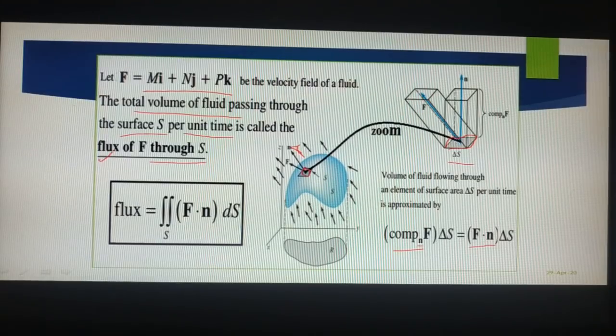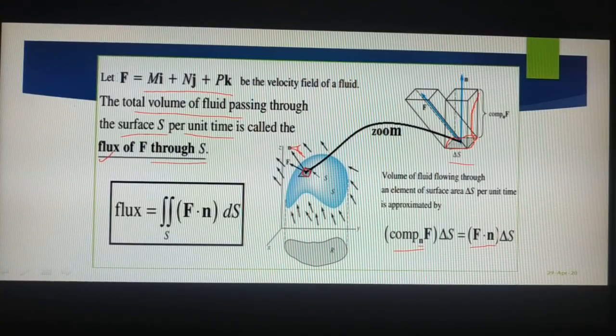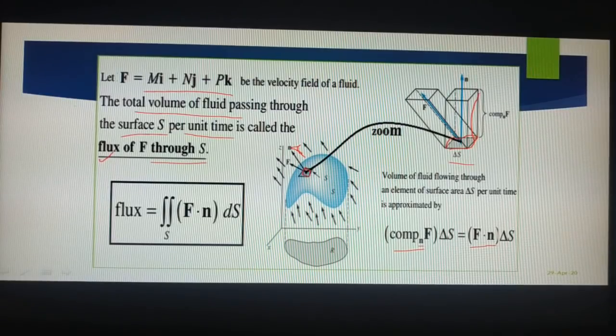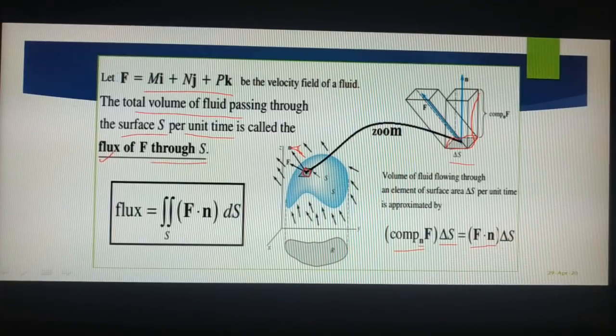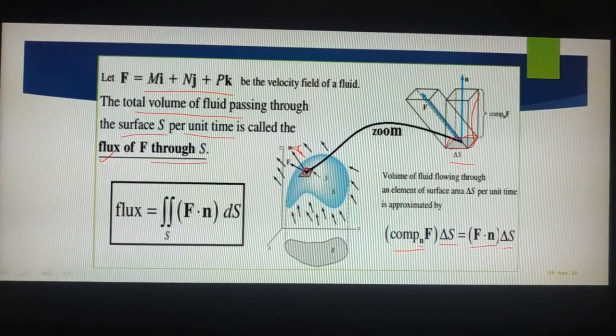That is this length, multiplied by delta S, something like length into height. So F bar dot n delta S gives how much fluid is going outside in this particular region per unit time, at an instant of time.